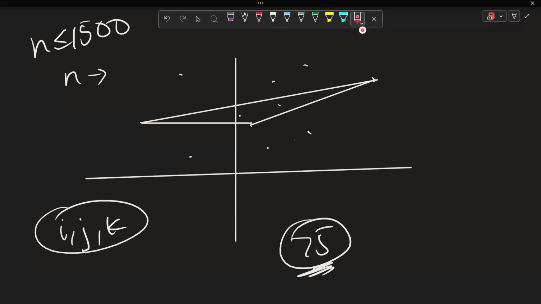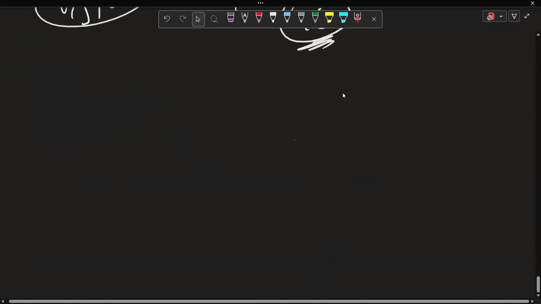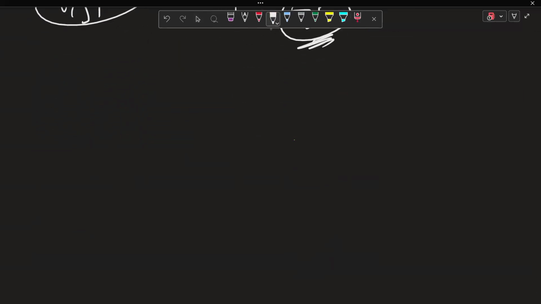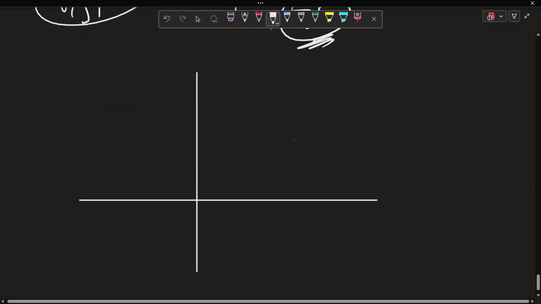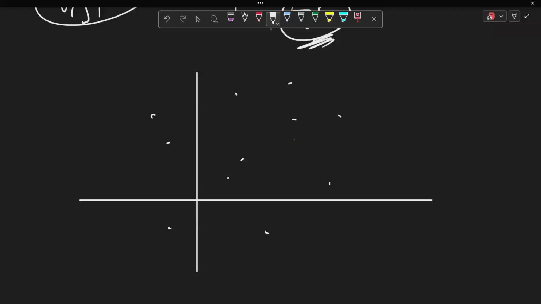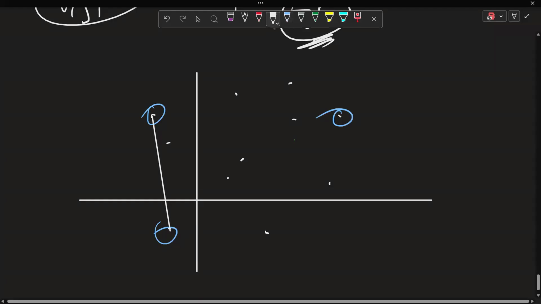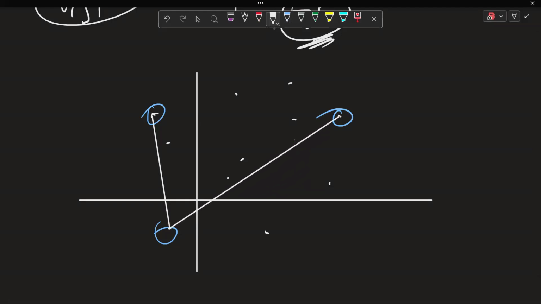If you just randomly select any 3 points, what is the worst case that can happen to you? Let's try. You are in this coordinate axis, and you have many points given to you. If you randomly select any 3 points, let's say this, and this, in the worst case these 3 points may contain all the points inside.